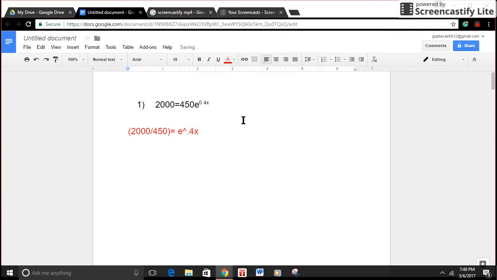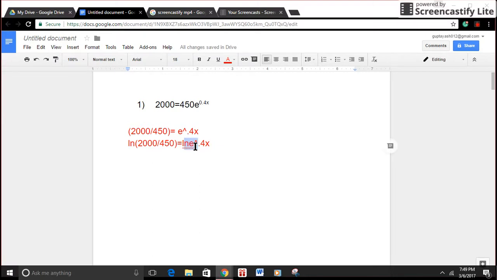What you're going to do next is put the ln sign in front of this. So it's going to be ln of 2000 divided by 450 is now equal to ln of e raised to the 0.4x.